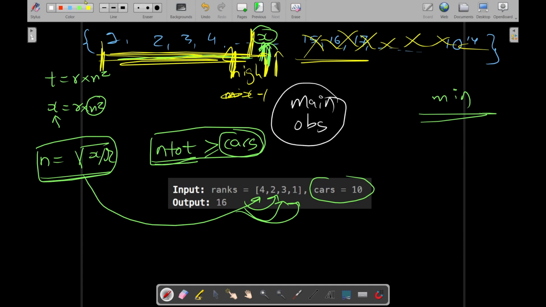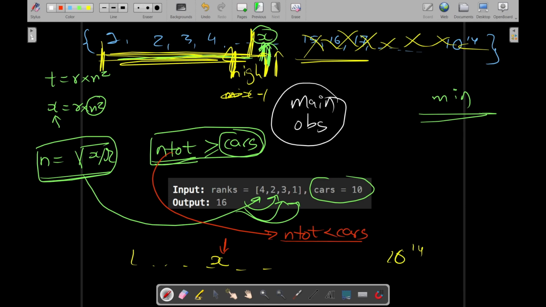Now, let us assume that this is the search space, 1 to 10 raised to 14, and x is some value somewhere here. Using this x, whatever total n we have obtained is less than total cars. It means the time x that I was allotting to each mechanic is not sufficient to repair the total cars.